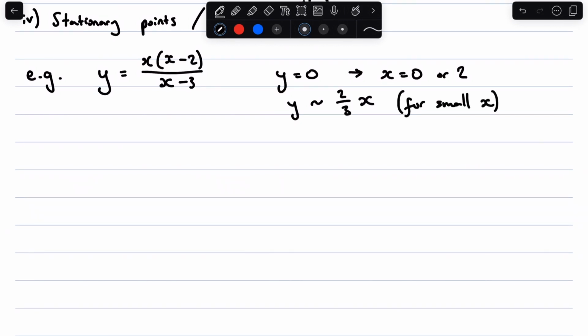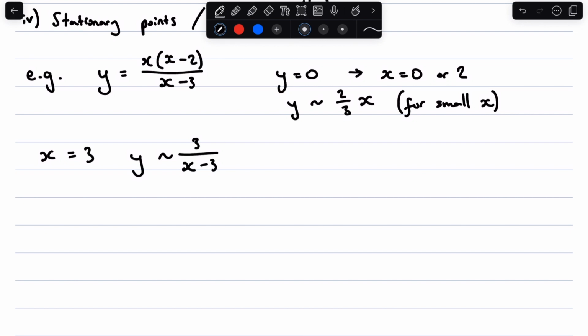So now we might want to look at any vertical asymptotes we have. So for that q on the bottom, when x is equal to 3, we're going to have y being approximately equal to 3 over (x minus 3).